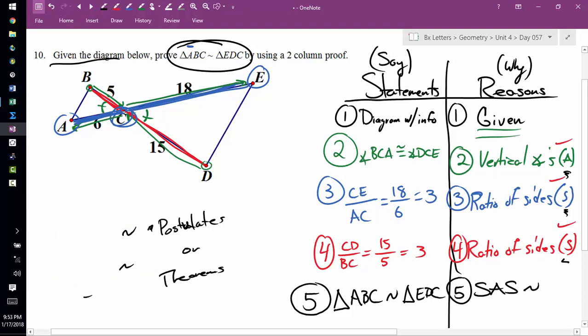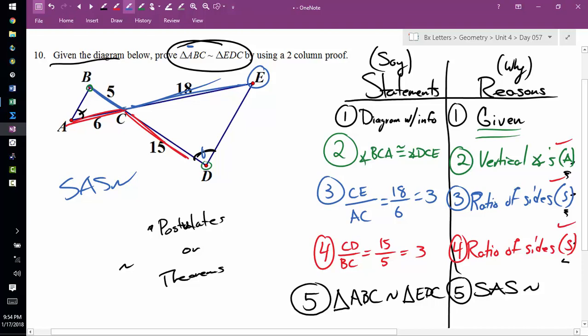And we can't call it the ASS postulate, because I see that we wrote it up that way, but in the diagram, it doesn't go angle, side, side. Right?